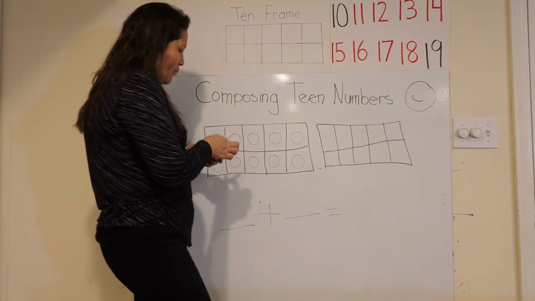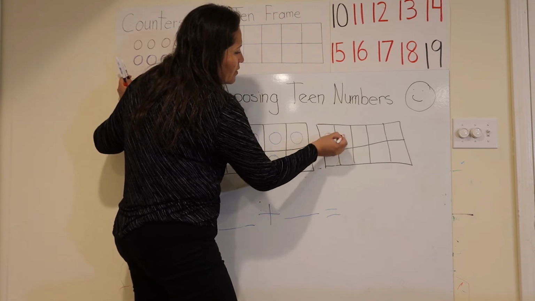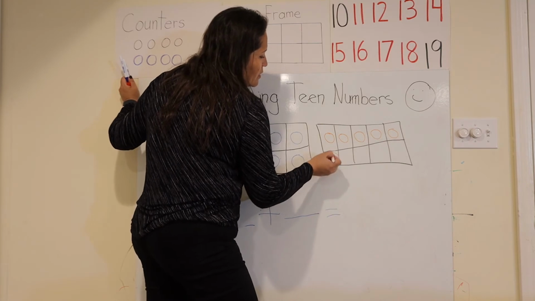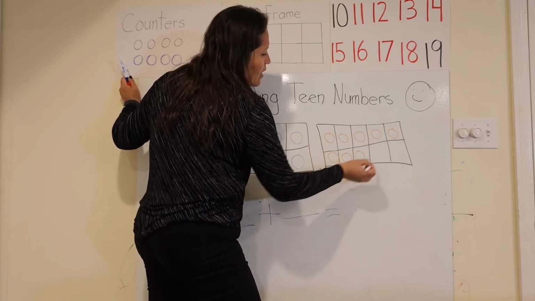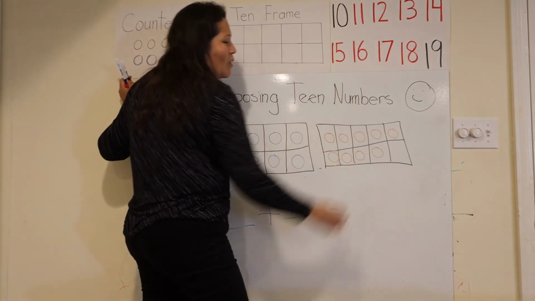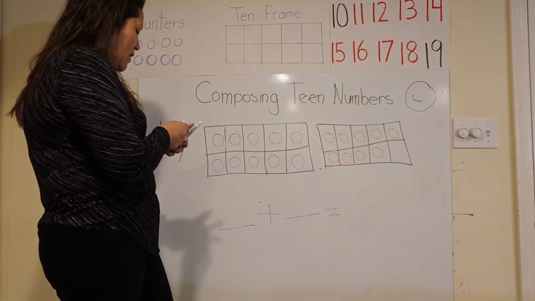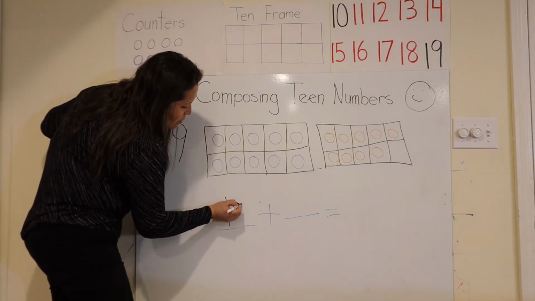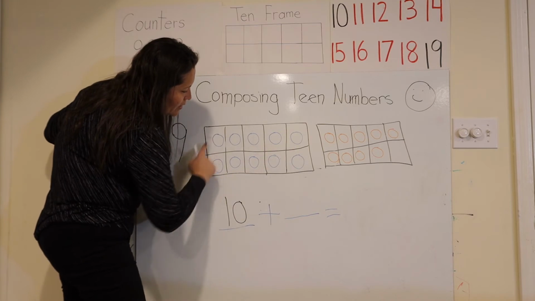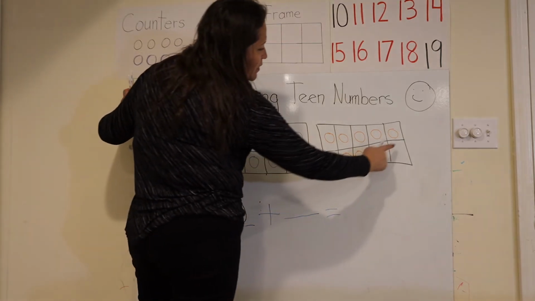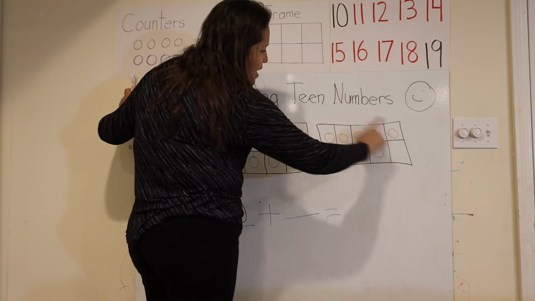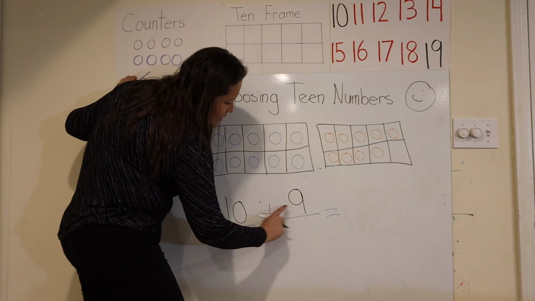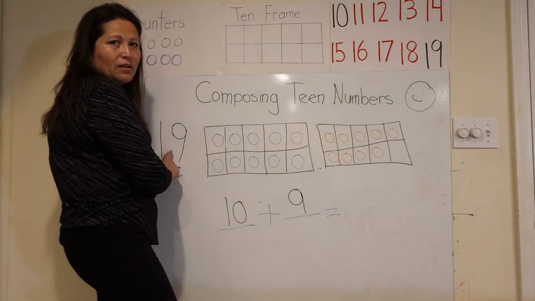So we're going to do that. Ready? 1, 2, 3, 4, 5, 6, 7, 8, 9. Ooh, almost, right? So now we know this frame has 10 counters. And this frame, oops, missing one, so is 9 counters. So it's 10 plus 9 equals this number, 19.